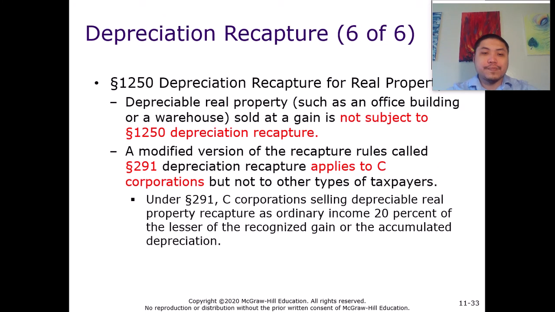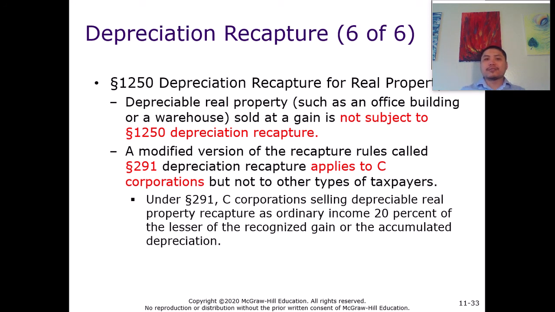So before 2017, there was the Section 1250 recapture rule, but after 2017, when the new law came out, there's no such thing anymore.